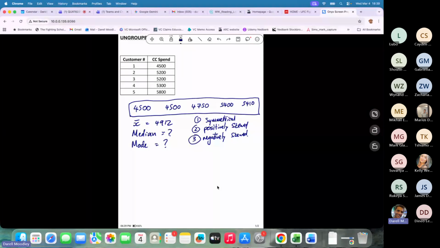Okay, so I worked out the mean for you. I want you to work out the median, and I want you to work out the mode. I've ranked the data for you, so it makes it easier. So give it a bash now.